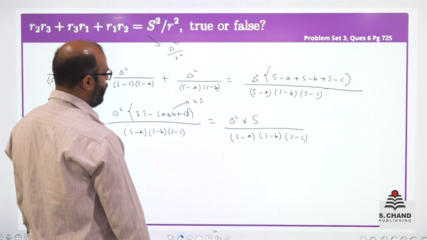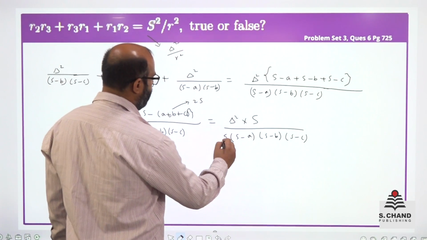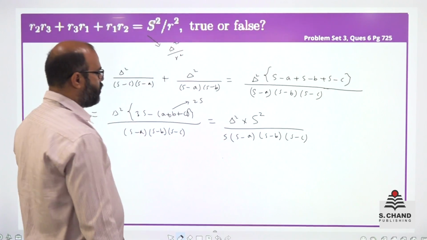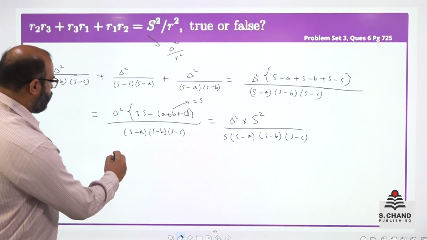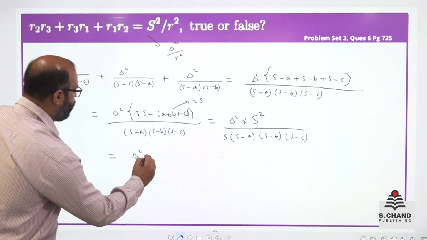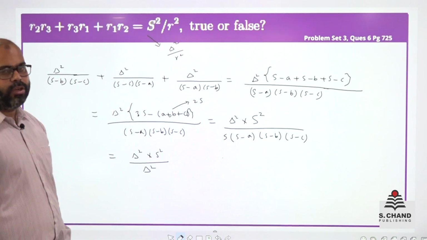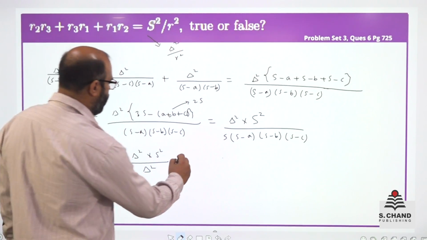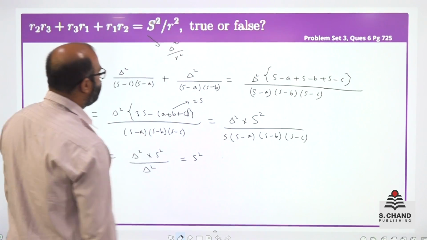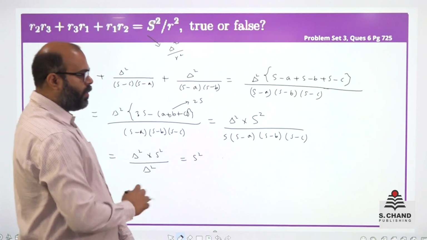Now let us multiply with s here and s here. So this will become s square. So this will be area of a triangle square into s square upon area of a triangle square in the denominator also. So this will become s square, which is the square of the semi-perimeter.